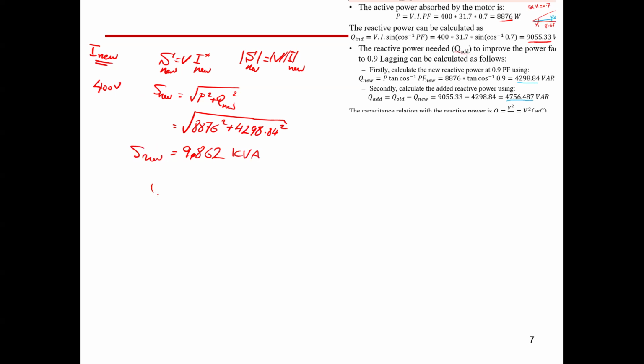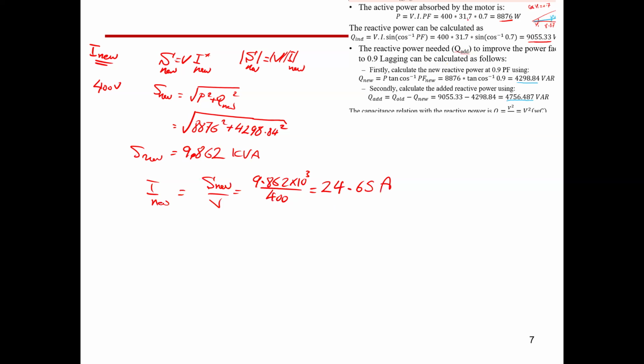I would like to calculate I now, so I can say I nu equals S nu divide V. So 9.862 times 10 to power 3, because it is in kilo, divide 400. So the answer is 24.65 ampere. The question, what was the first current?